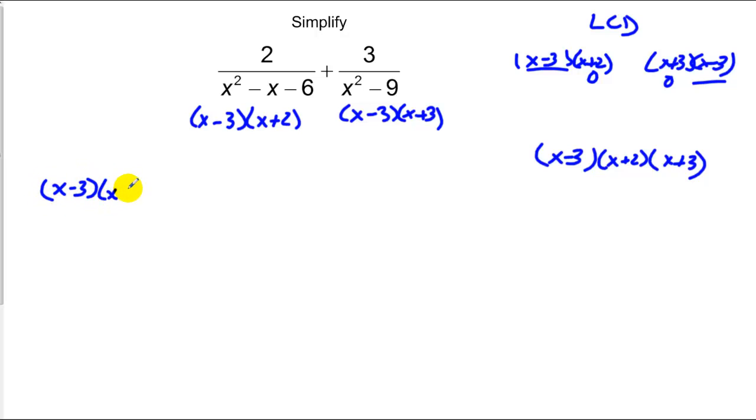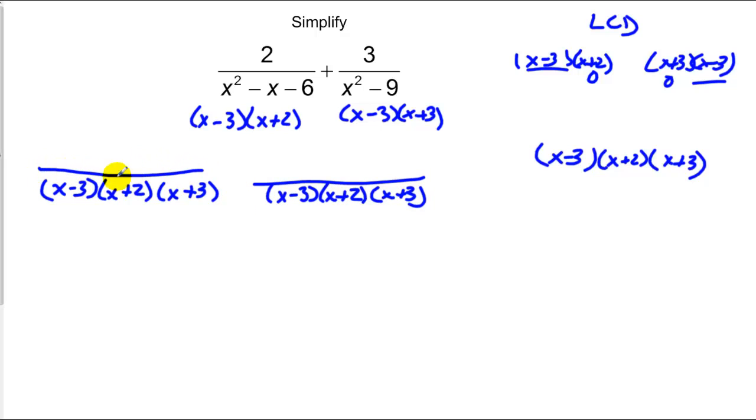It's a little laborious, but I find if you've got it right in front of you, and you're not trying to do too much in your head, you stand a better chance at actually getting the problem correct. Figure out what to multiply to get from this initial denominator to this lower denominator, and it looks like I'm missing an x plus 3.